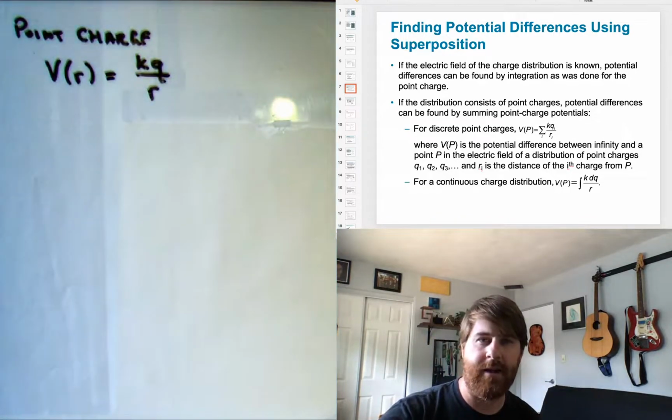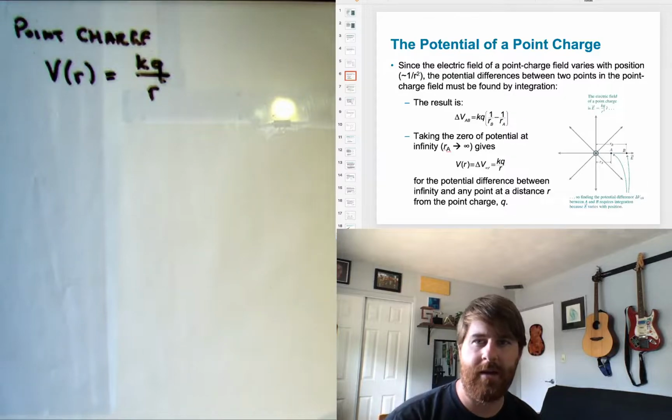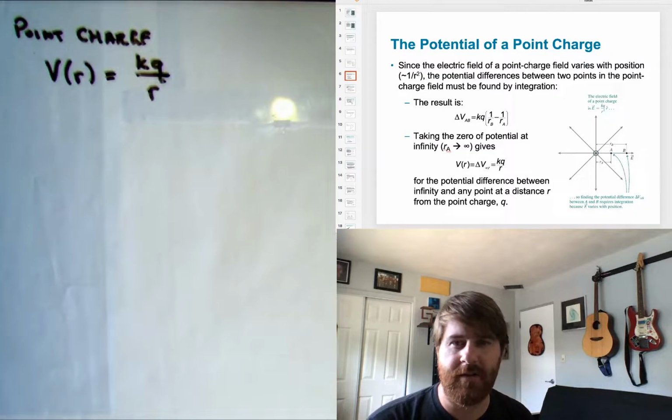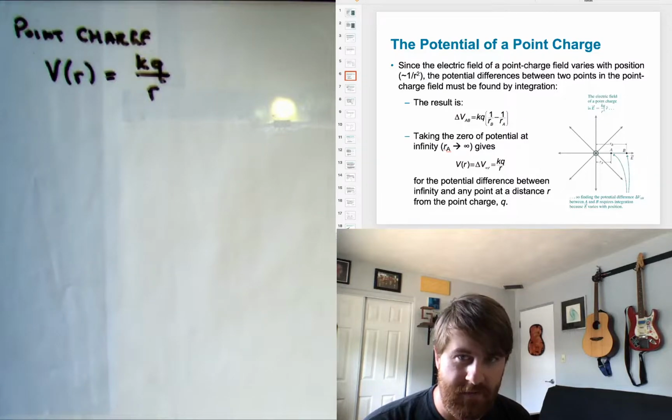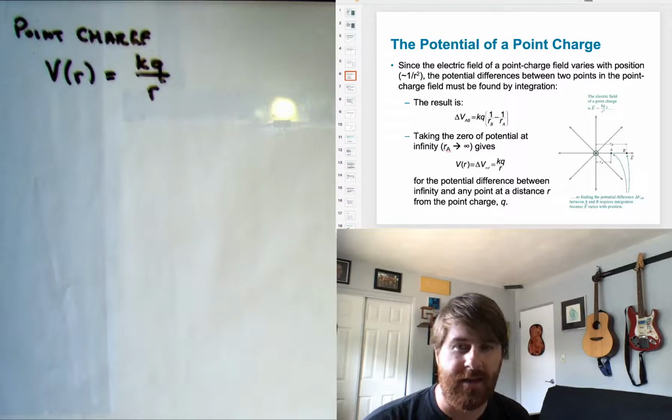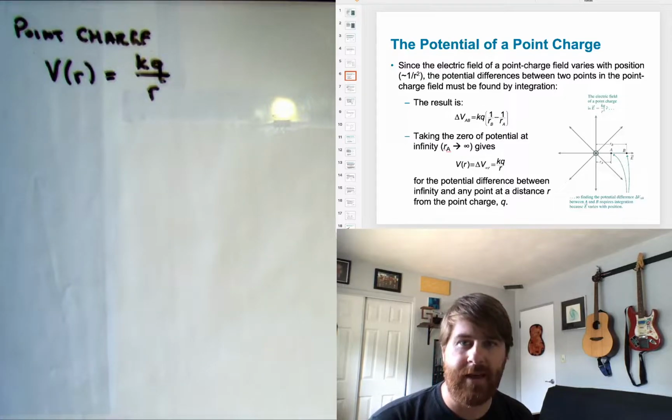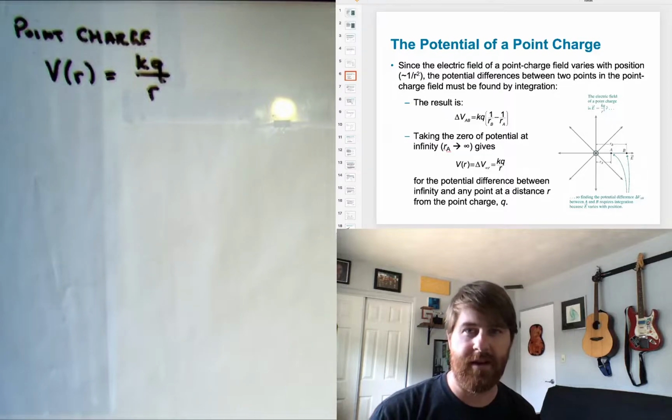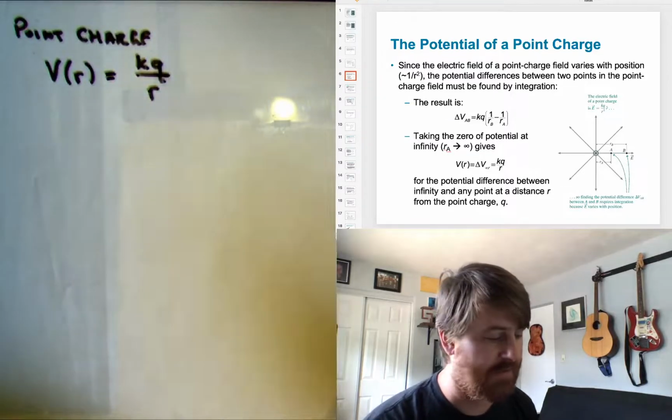So when we integrated, the terms that we got in our potential difference were 1 divided by r's, not 1 divided by r squareds, right? So our potential we can take to be kq divided by r. And that gives us a natural place where the potential is 0.